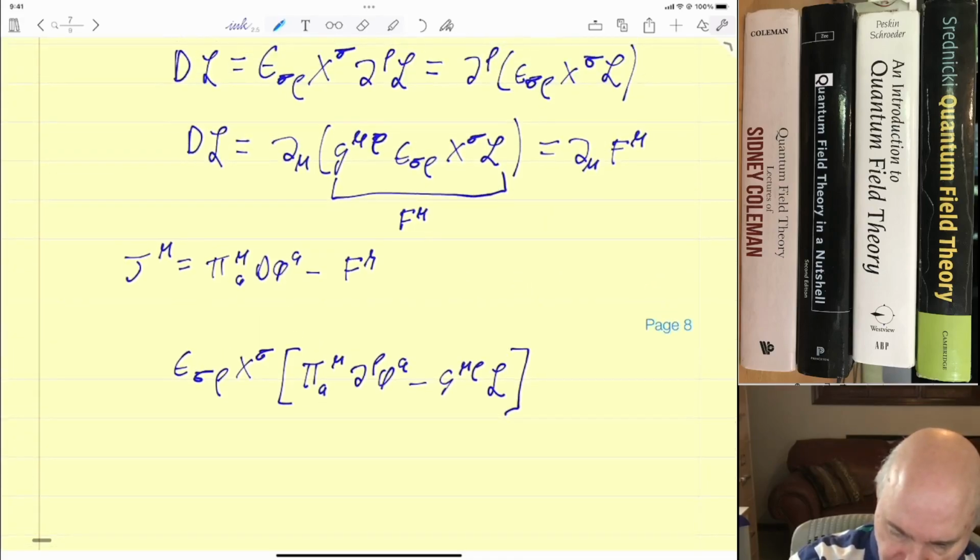So here we just substituted, and I factored out those parts.